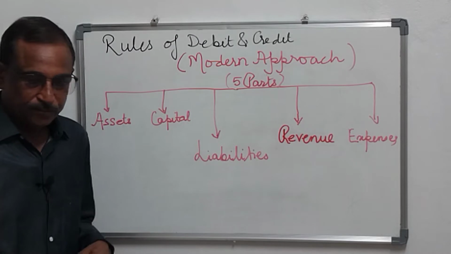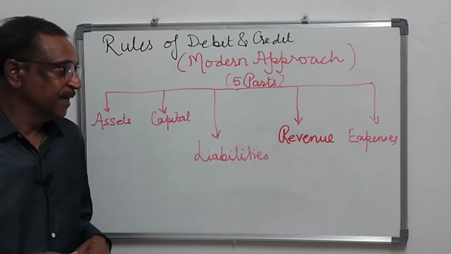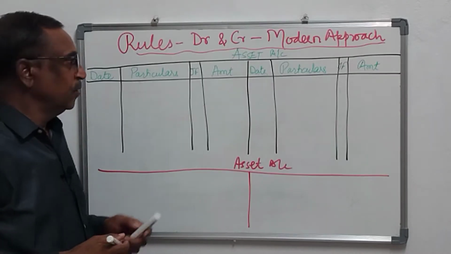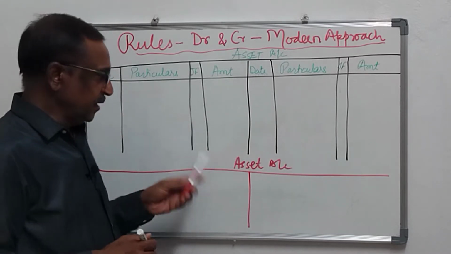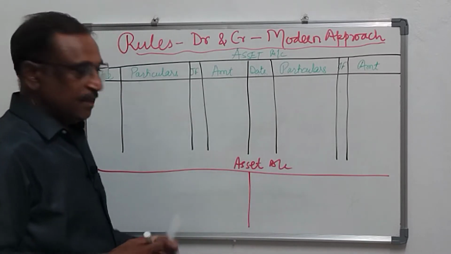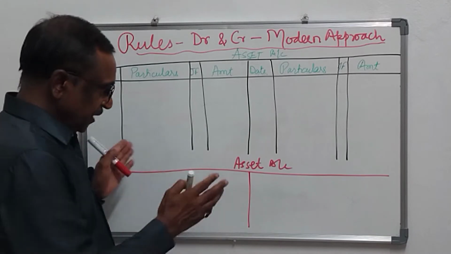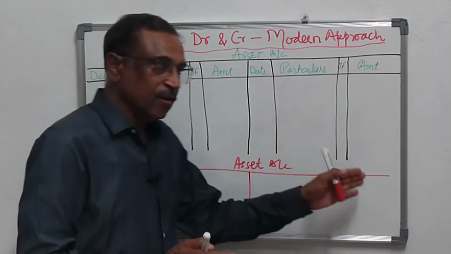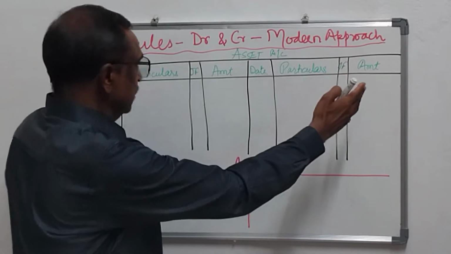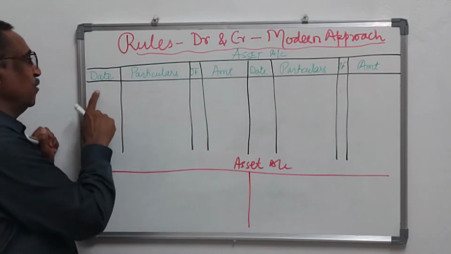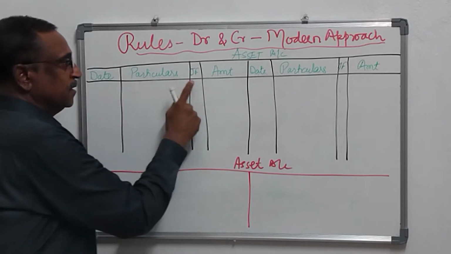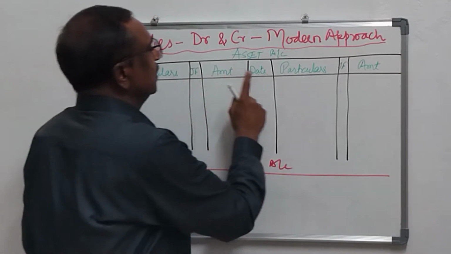So, let's begin. I had told you earlier that whenever we prepare an account, it is T-shaped. Why is it called T-shaped? If we draw the format of an account, it is like this. First of all, you have date, particulars, journal folio, amount.